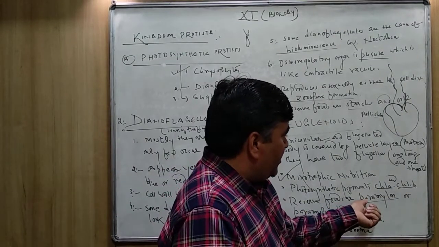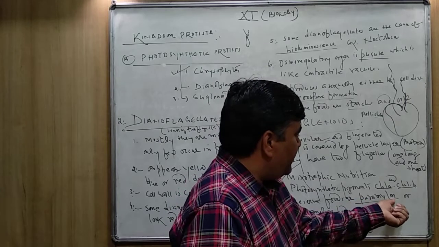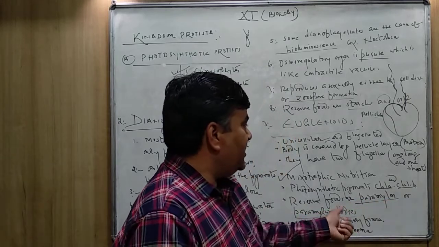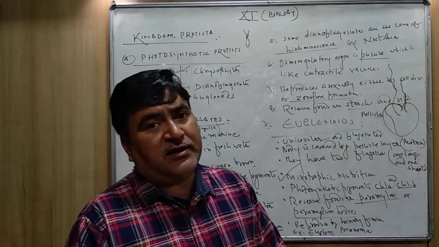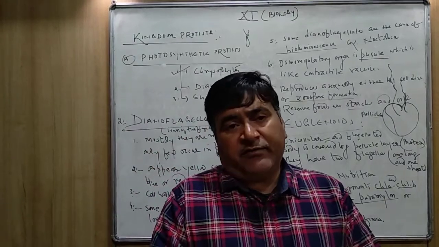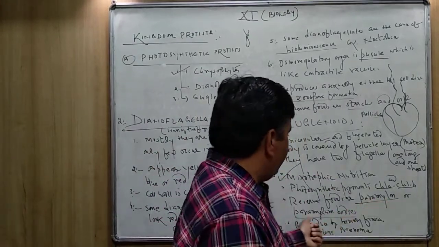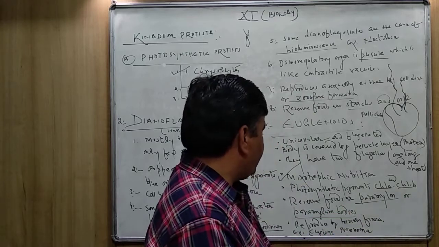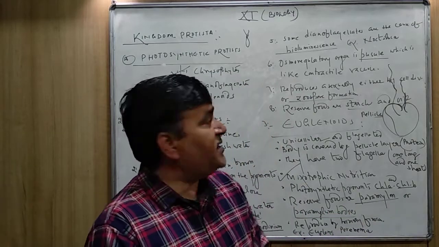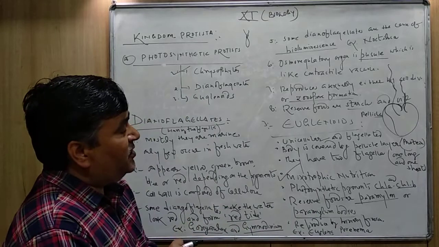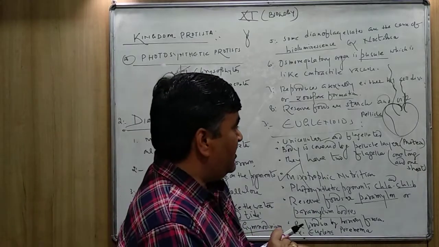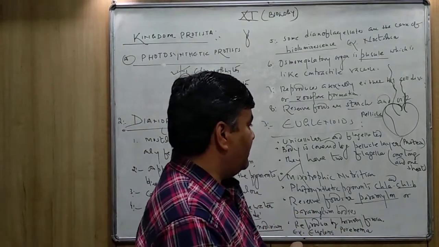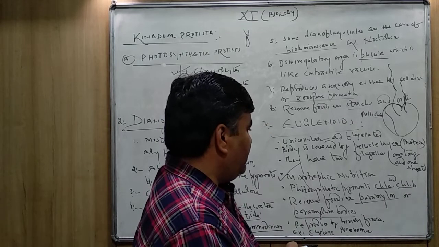The reserve food material is in the form of paramylon or paramylum bodies. These are the reserve food material. In the earlier groups the reserve food material was in the form of starch and oil, but here it is in the form of paramylon or paramylum bodies.